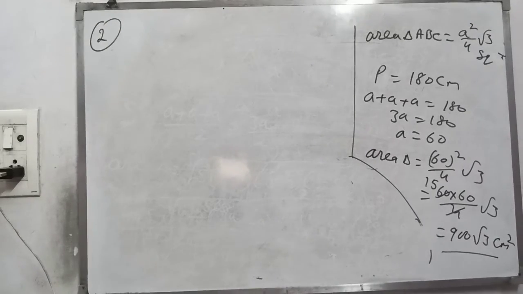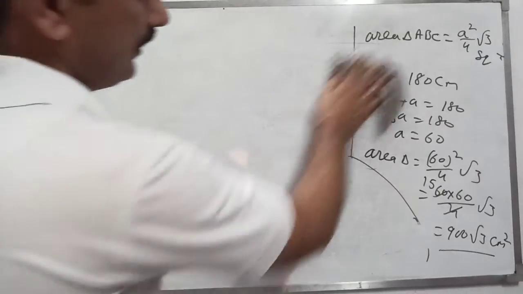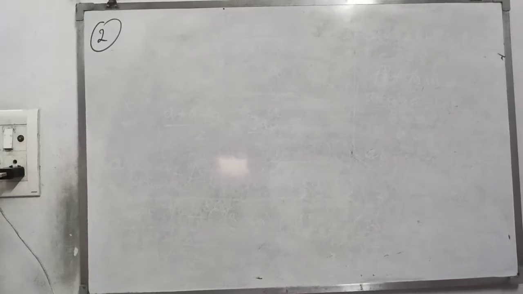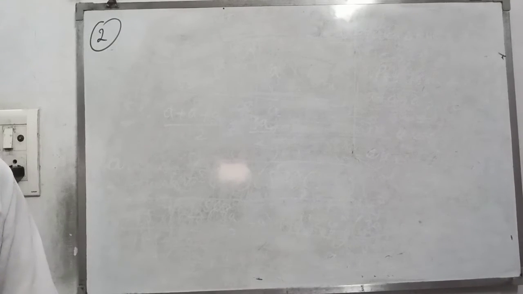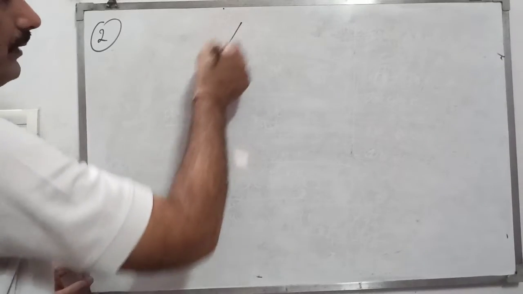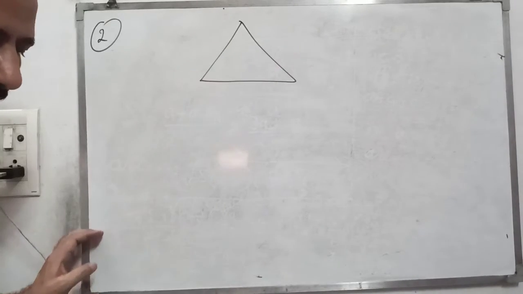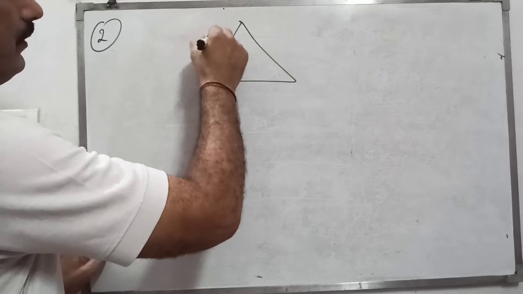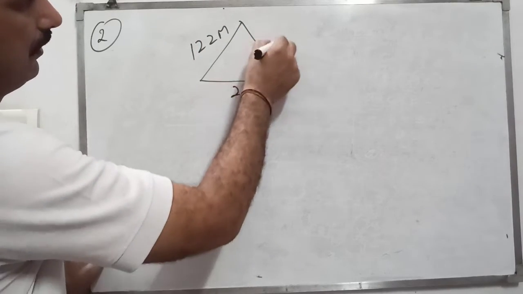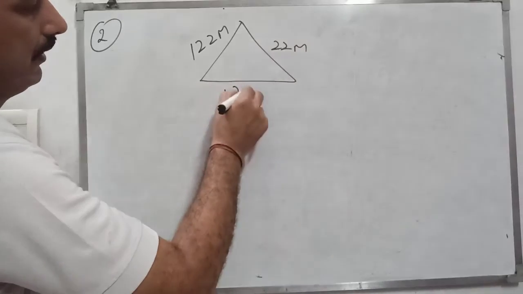Then the second question, a triangle is given. The side wall of a flyover has been used for advertisement. There is an advertisement wall in the shape of a triangle with sides 122 meter, 22 meter and 120 meter.